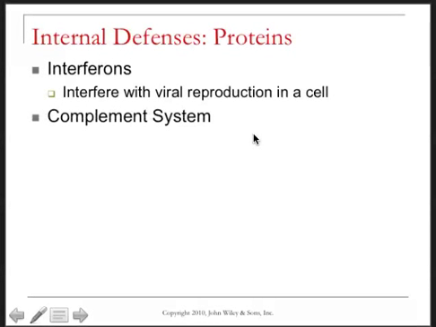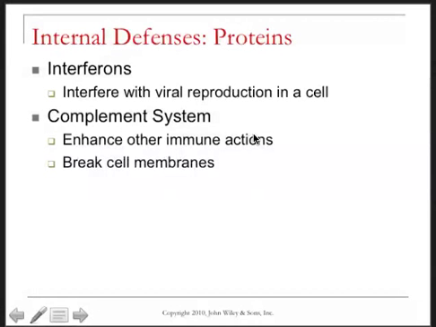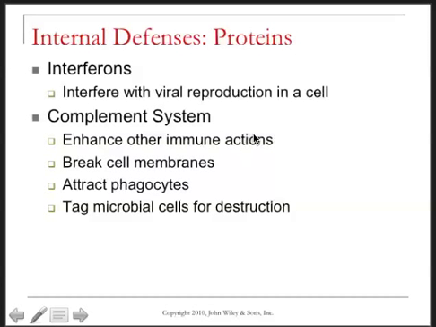The complement system enhances immune attack. It causes cell membranes of pathogens and diseased tissues to rupture. It also attracts phagocytes, and it tags microbial cells for destruction. So this is a way of improving the action of specific immunity.